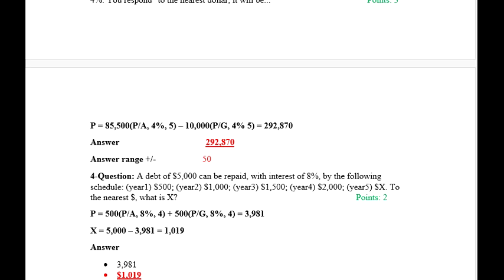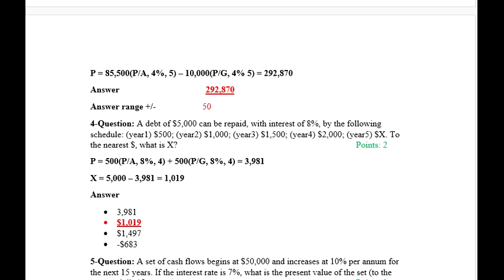So this is your base value for the first year, and this is your gradient value for the increment in each year. So you get 3981, and your total debt amount is $5,000. So subtract this 3981 from 5,000, you'll get 1019. So the option is option 2.